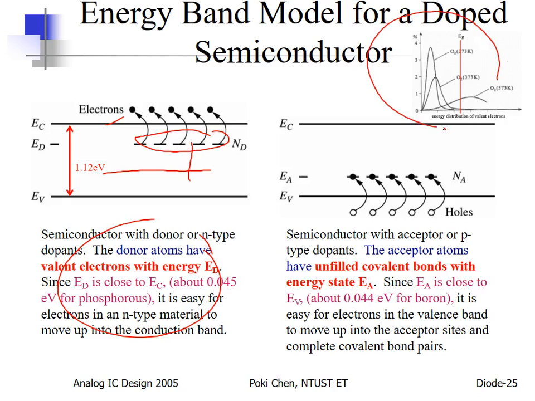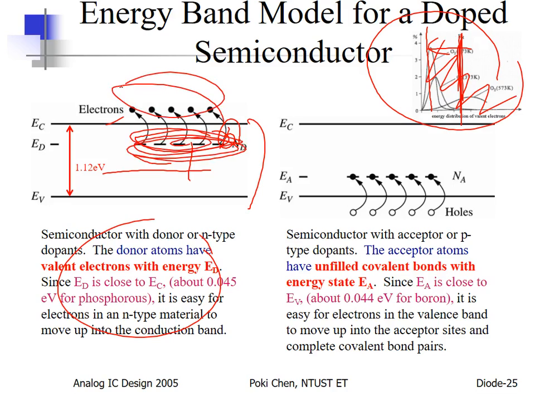Because the energy gap is reduced from this to that, it becomes very small, so most of the valence electrons here will become free. That is a much more accurate explanation according to quantum physics.